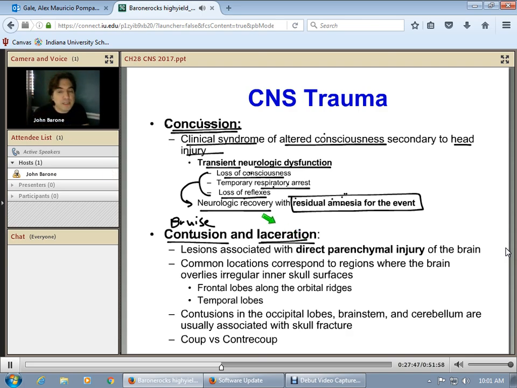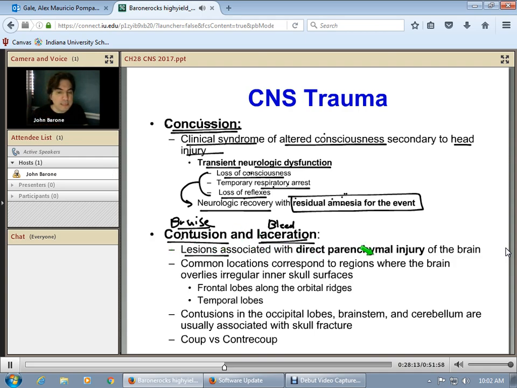So a laceration is a bleed in the brain. A bruise in the brain is some localized bleeding because of blunt trauma. A laceration is due to either penetrating trauma or torsion, where you're ripping the vessels and bleeding that way. So both are bleeding in the brain in different ways.